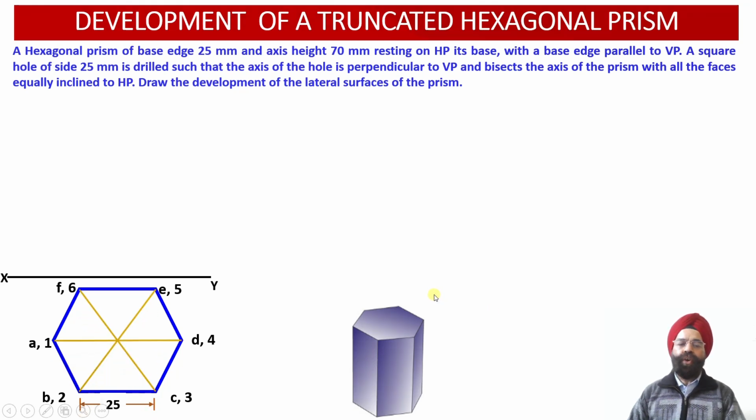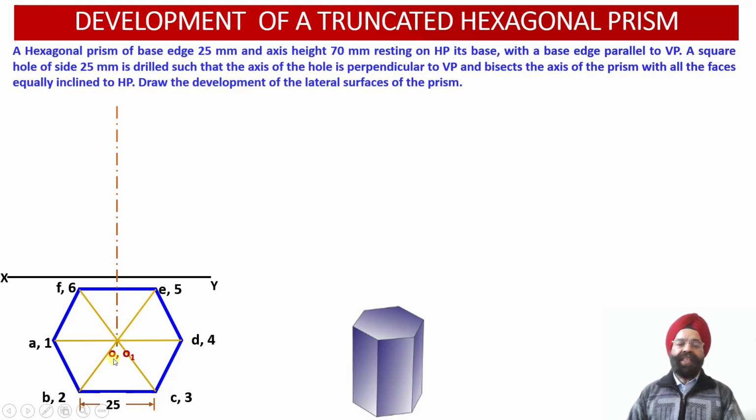Now we need to locate the axis of this hexagonal prism. So we need to join the points 1-4, 2-5 and 3-6. These are the three diagonals of the hexagonal base, which we join in the top view.